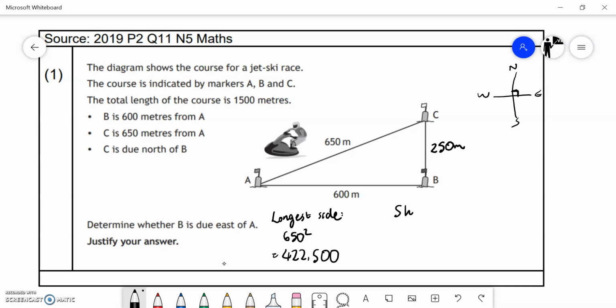We'll square the shorter sides. So that's going to be 600 squared plus 250 squared. I'm just going to do this in a few wee steps here. 600 squared plus 250 squared. And that is also 422,500.